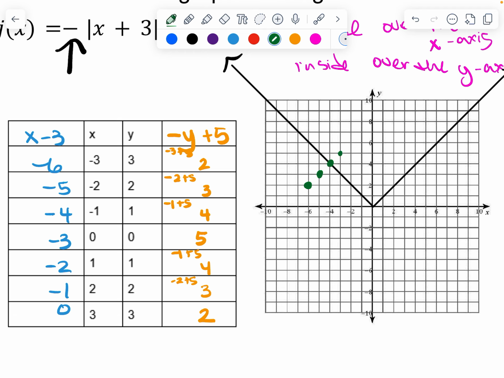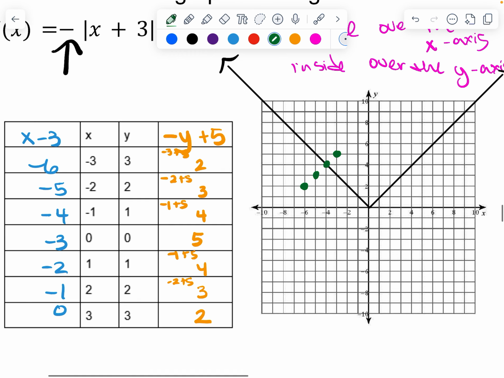And then I have -2, 4. And -1, 3. And 0, 2. And there we are.